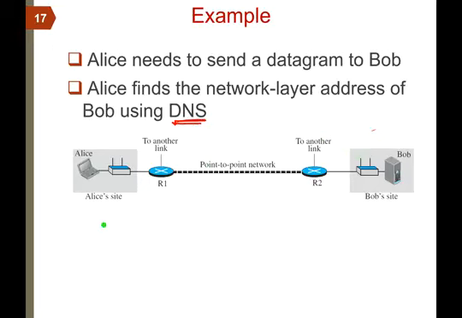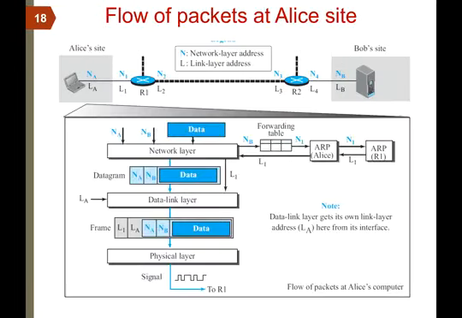So you have your own IP, you get the IP of Bob, you know your link layer address, and you want the link layer address of Bob, so you use ARP. Here, this is the network layer address and this is the link layer address. N is for network and L for link layer address.